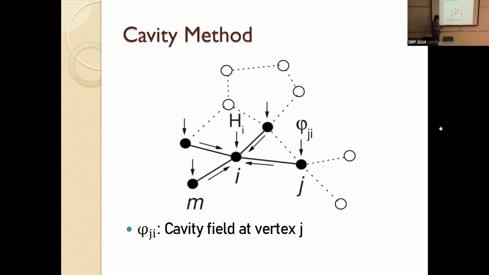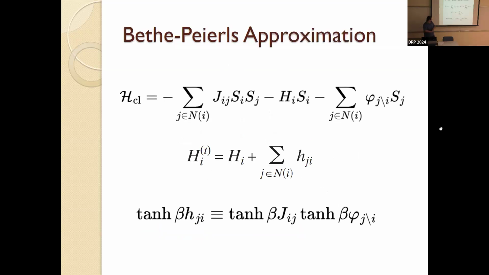So we can define this cluster of black nodes. At the center, we have the node i. And for example, for the node j, we have such a field coming from its own neighbors called the cavity field, this phi ji term. So this is the Hamiltonian for that cluster.